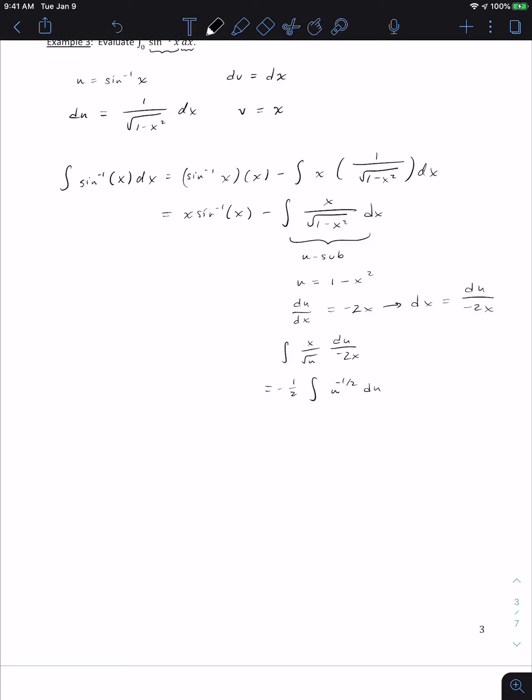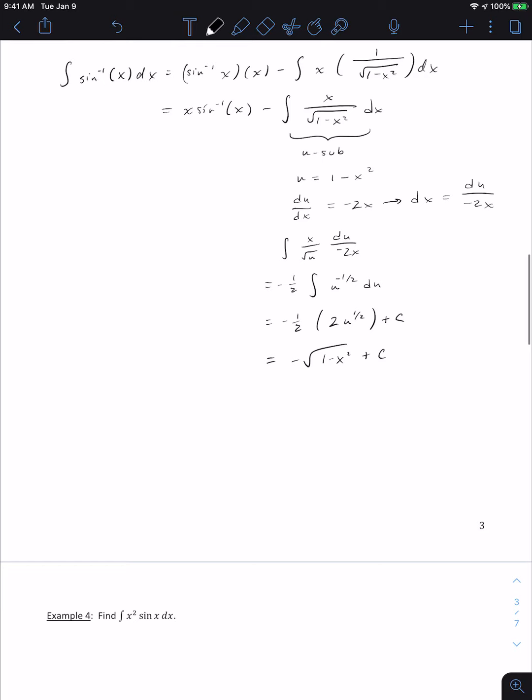All right, when I rewrite the square root of u and take the antiderivative, I bump up the power, so that becomes positive 1/2, but I'm dividing, so this becomes multiplying by 2, u to the positive 1/2 plus c. So I get minus the square root of what was u, 1 minus x squared, plus c.